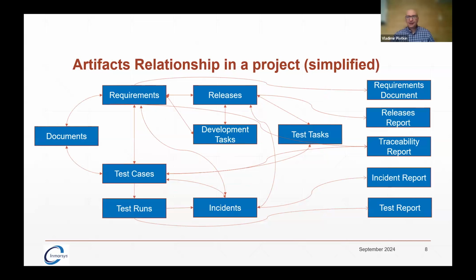Now, this is a really scary chart. So lots of connections here and there, and it's actually simplified. So don't be scared by this, it's all very simple. The project consists of, the main thing is requirements, and the requirements, the way I tend to create them are very simple, just atomic requirements, for the reason that if you start writing your requirements with lots of ifs and buts and conditions, it's very difficult to test.